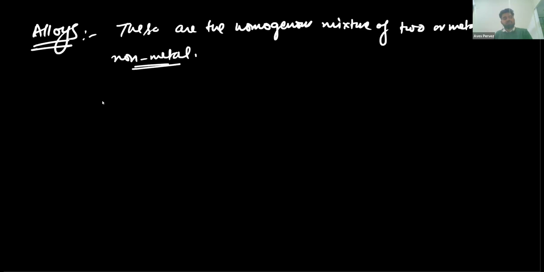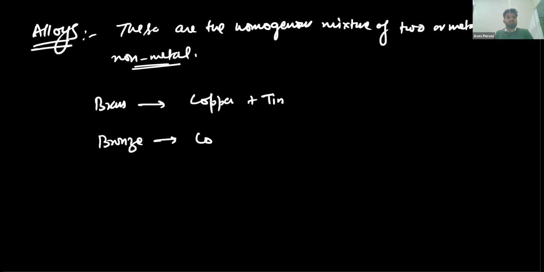For example, brass is an alloy of copper and zinc.